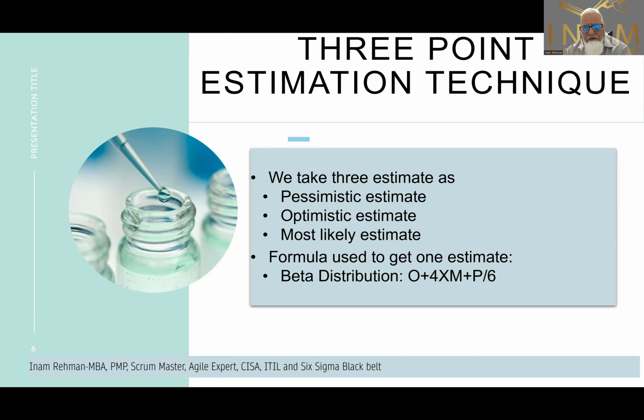Then you can use two formulas here. I have mentioned only one in this slide, but there are actually two. One is called the beta distribution, where you take your optimistic estimate, add it to 4 times the most likely estimate, then add the pessimistic estimate and divide it by 6. There's also a triangular distribution, where you take O plus M plus P and divide it by 3.